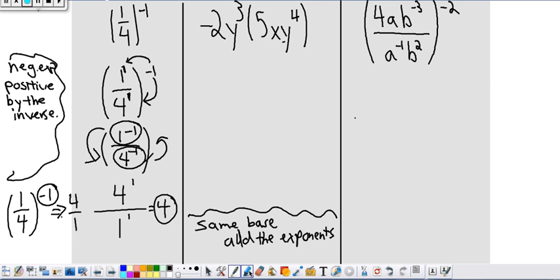First, I'm going to highlight in yellow the terms with the same base: this y to the power of 3 and this y to the power of 4, knowing that I'm going to have to combine them through multiplication. The other thing you need to know is that because these terms are constants, -2 and +5, I can just multiply them like I would any other time. So -2 times +5 gives you -10.